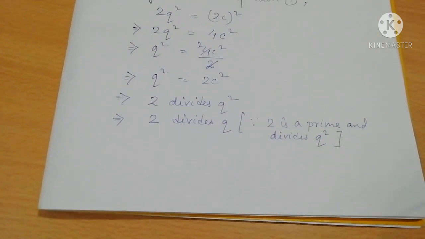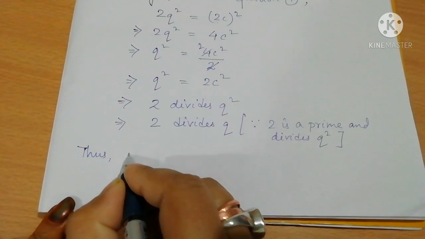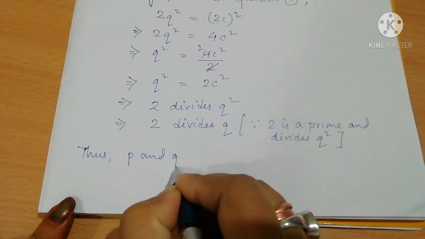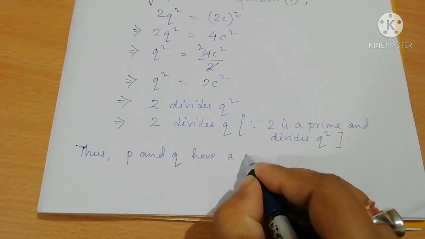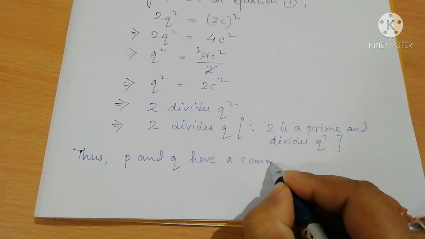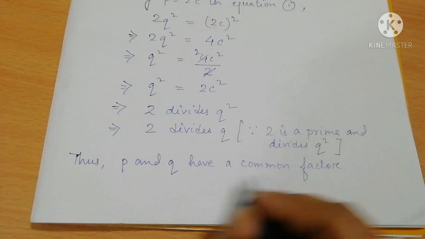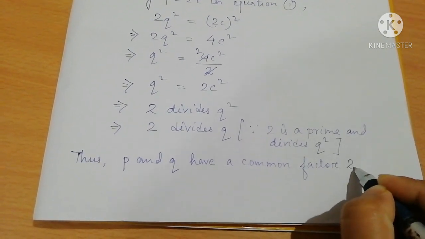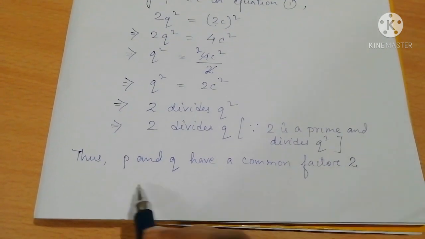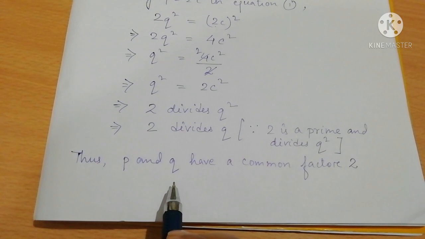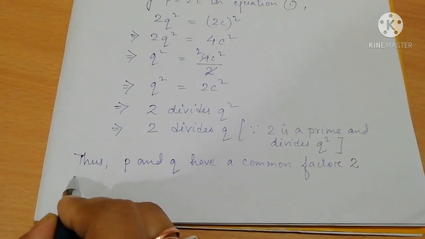Thus what can we write? P and Q have a common factor. Both P and Q have a common factor of 2. But in case of rational numbers, this P and Q should not have any common factor other than 1, isn't it?